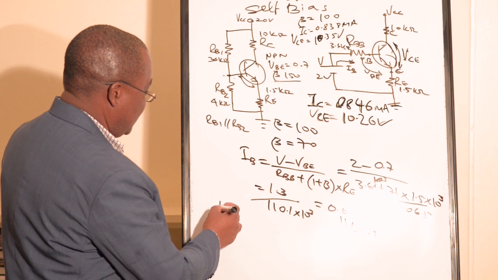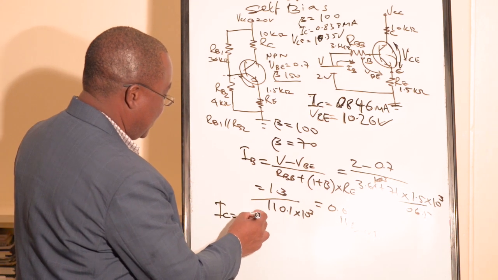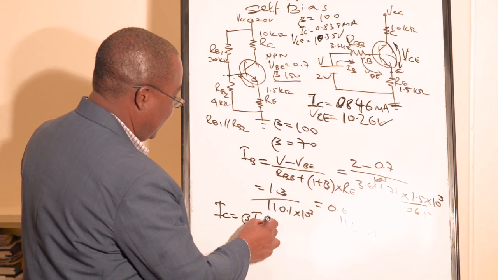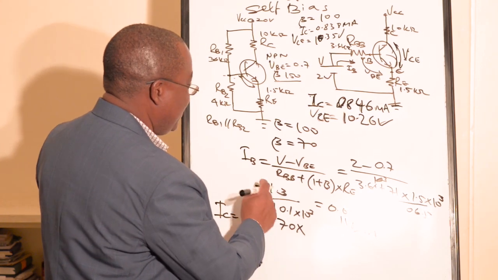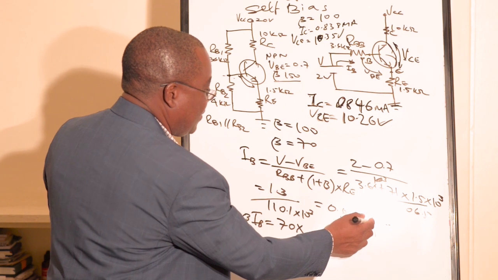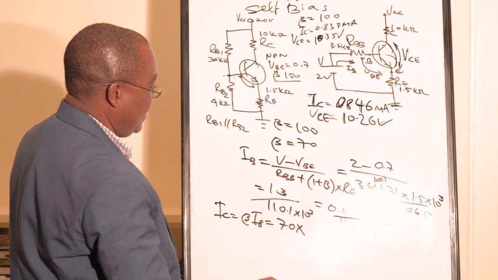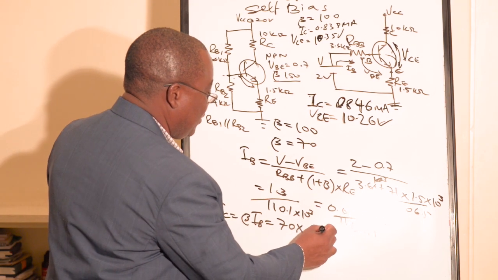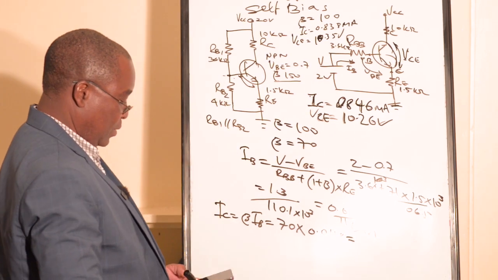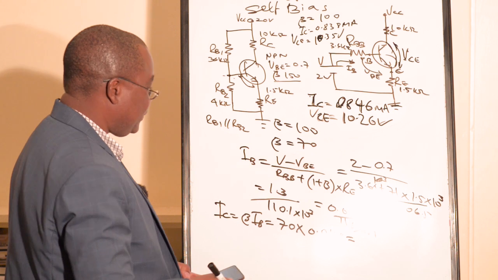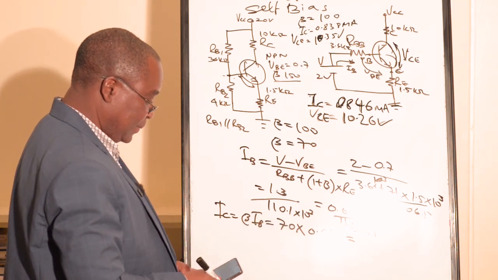So IC is equal to beta IB. So is equal to beta is 70 times our IB, which is 0.0118. So our beta is 70.